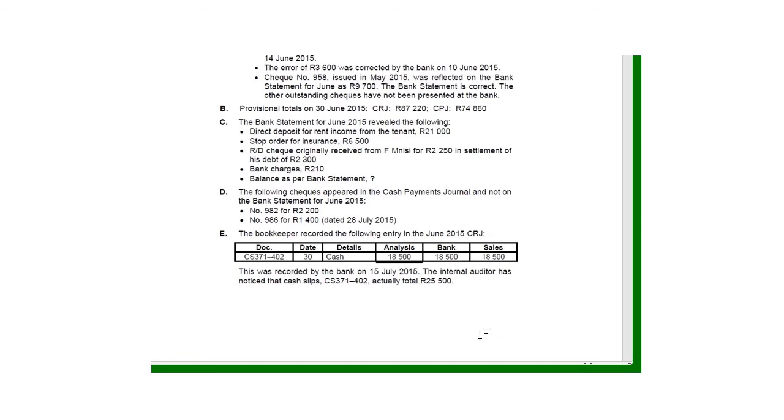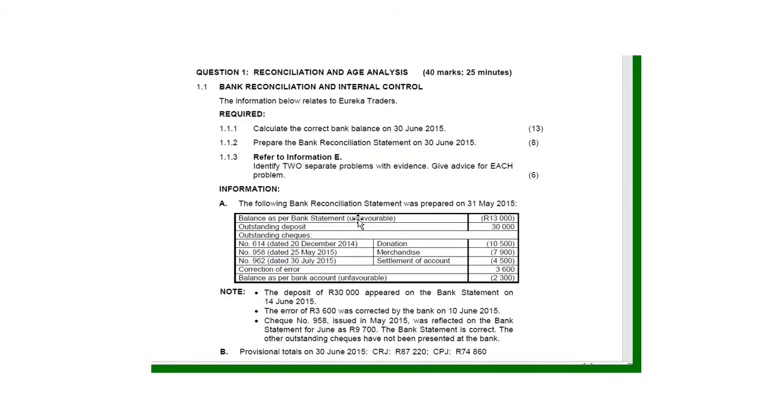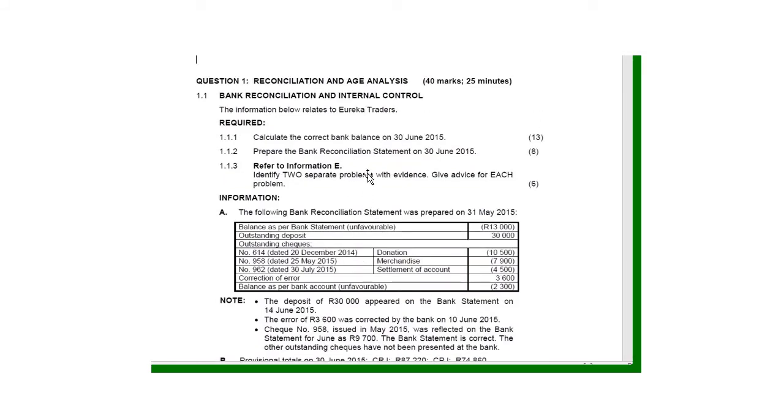In a case like this, the first problem that you can think of, just think logically, is somebody stole the money. So my first problem, it is either fraud or theft. Why? Because remember, we've got to identify a problem, give evidence and then give advice.